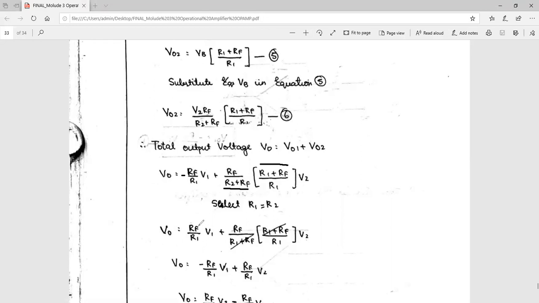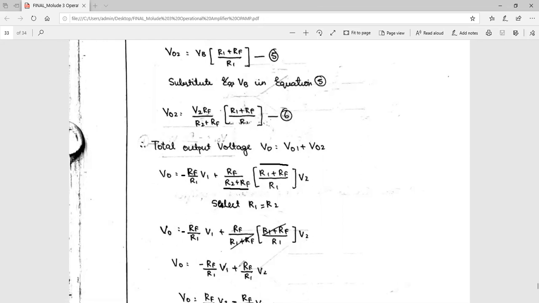So I will be left with minus RF by R1 into V1 plus RF by R1 into V2.